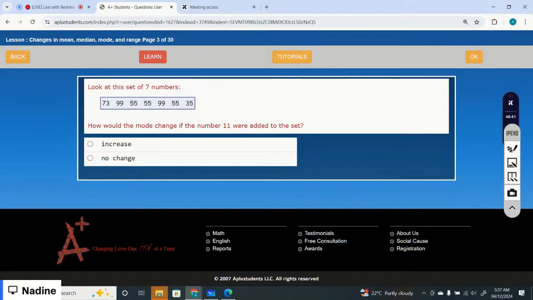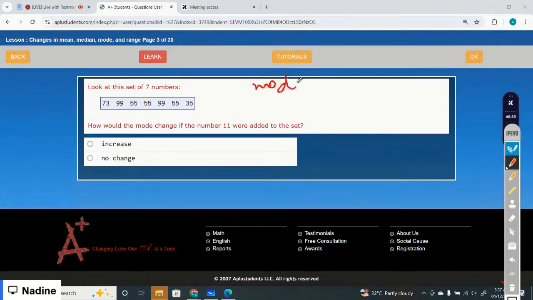Look at the set of 7 numbers. How would the mode change if the number 11 were added to the set? Let's just calculate the original set. The mode is 55.